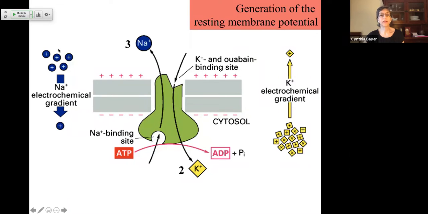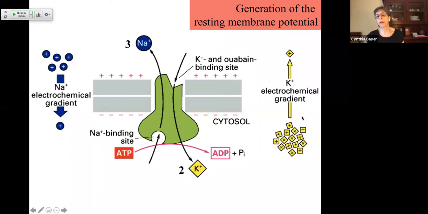So we have this very steep chemical gradient because we have a big concentration gradient, but we also have this electrical gradient where it's very easy for a positively charged ion to pass through its channel from the positive side to the negative side.